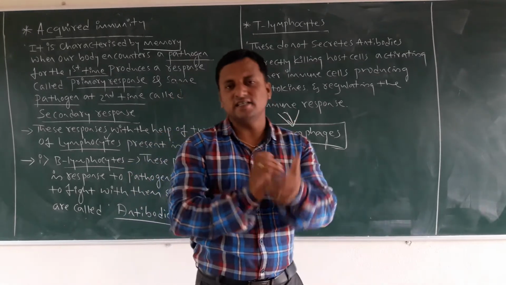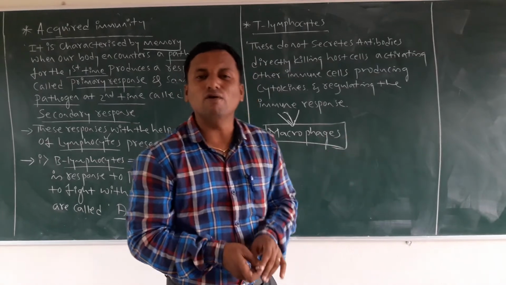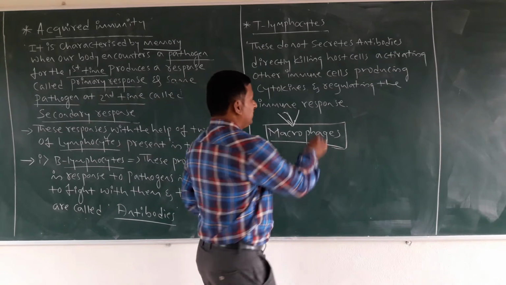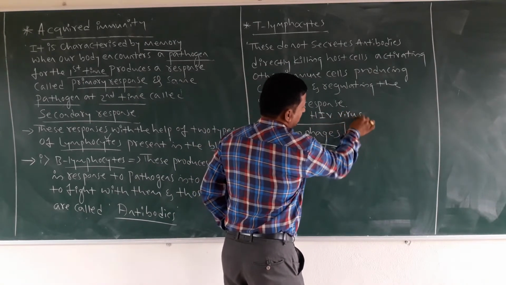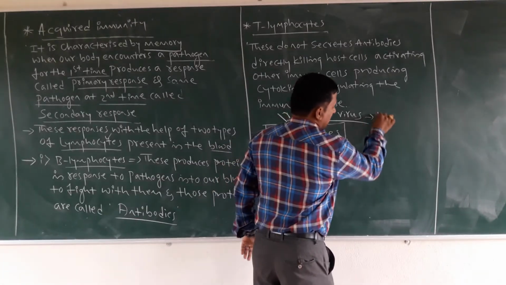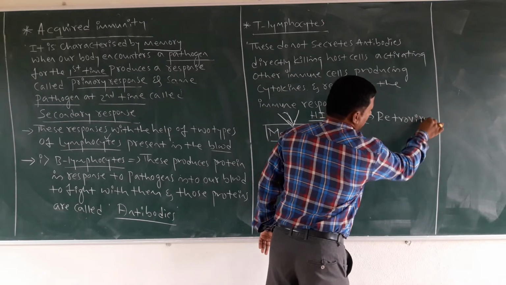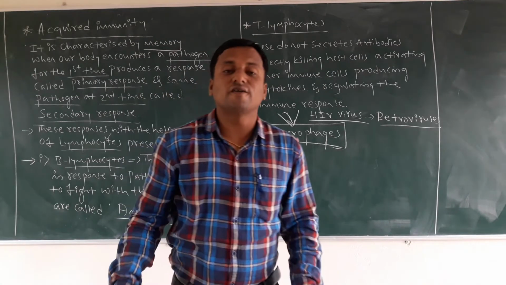But I am going to tell you another condition: if a viral particle becomes more dominant, like the HIV virus. The name of that HIV viral particle is retrovirus. Why does a person suffer from HIV?